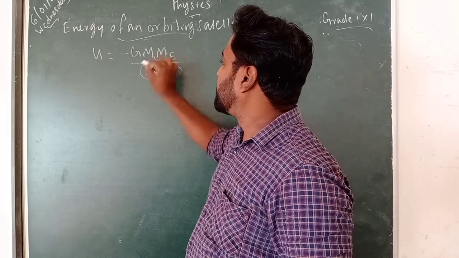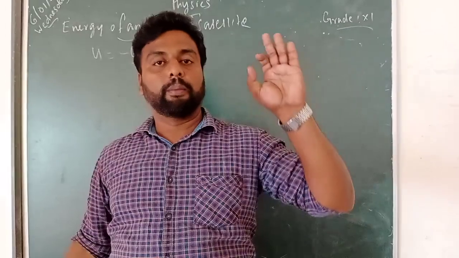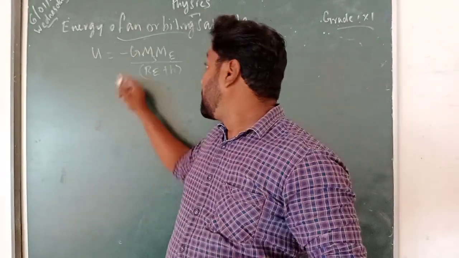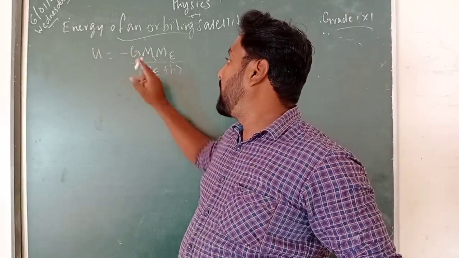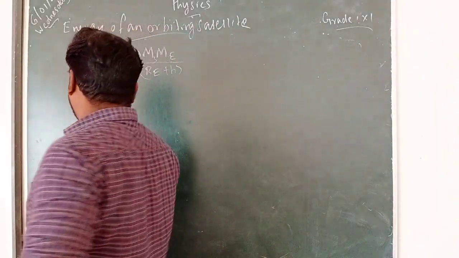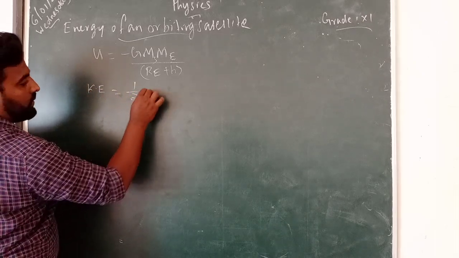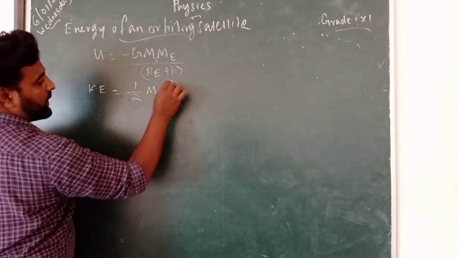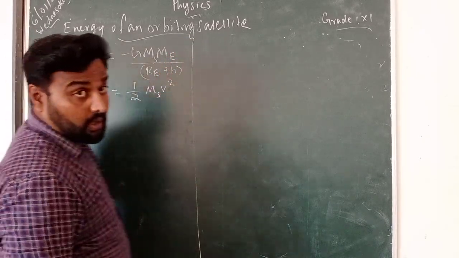Here m must mean mass of the satellite, and M means mass of the earth. So this is the gravitational potential energy formula. And kinetic energy, you know, kinetic energy is equal to half m v square. Here m is mass of the satellite.